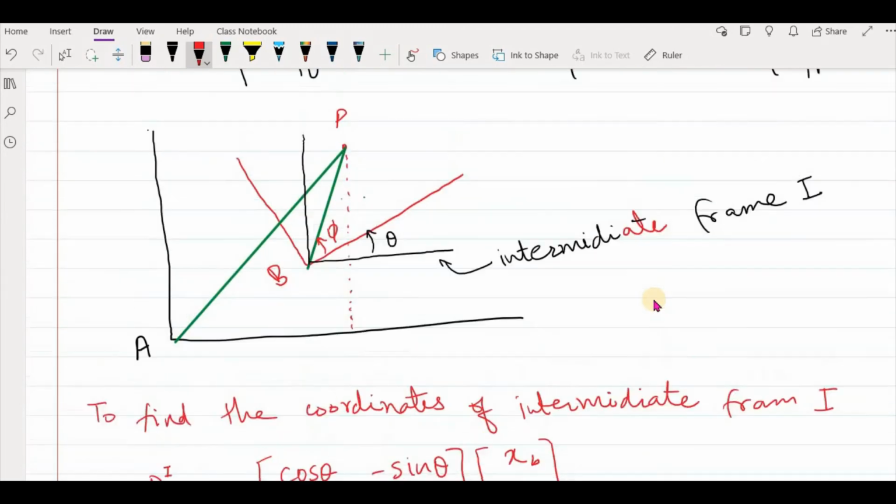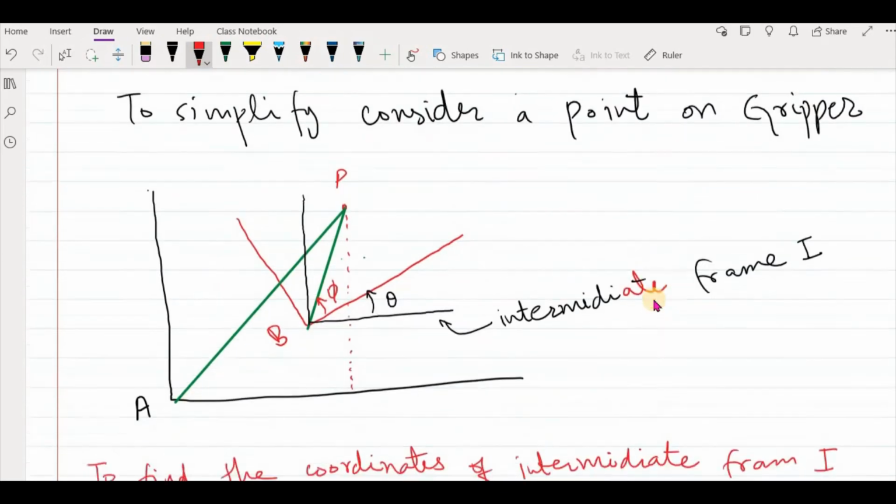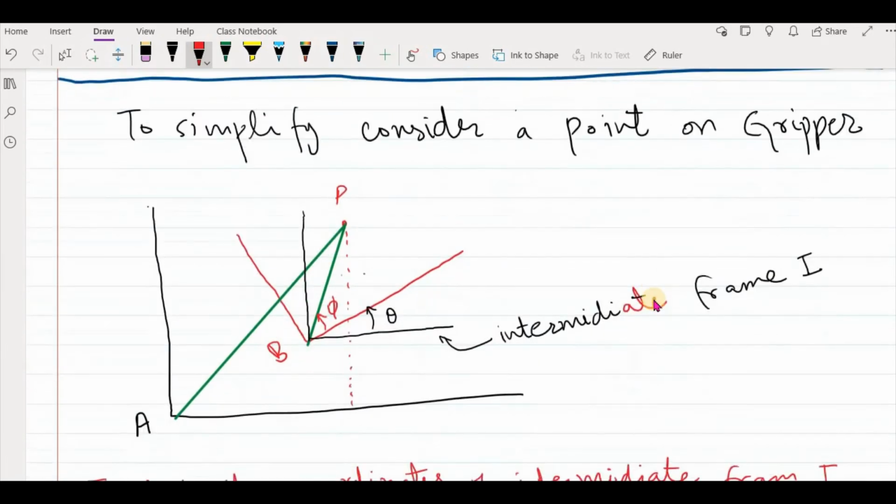Did we define these coordinates here, XB and YB? No, we didn't. So let's define them here. In frame B, the point P has a projection like this.